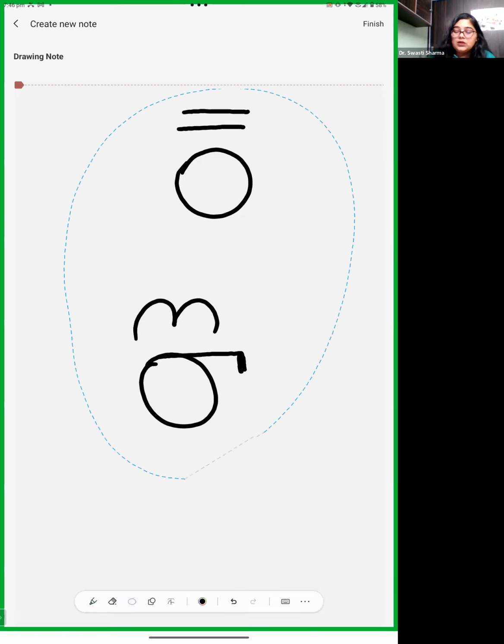Now we will learn about this. See, the letters are connected to each other. There is a majority of half letters. First of all, I will write one word here.